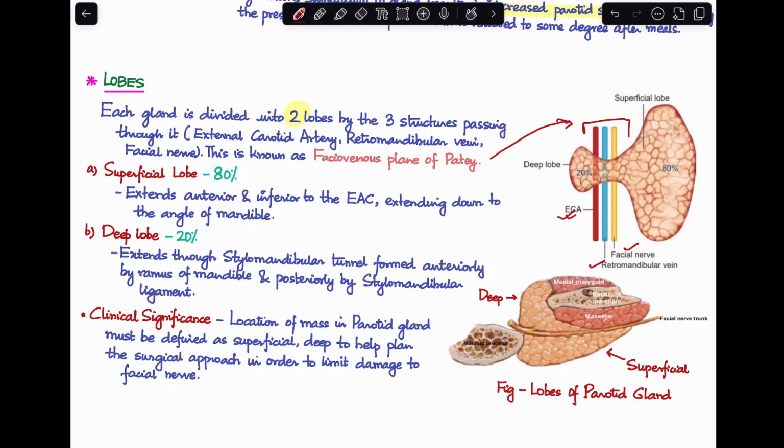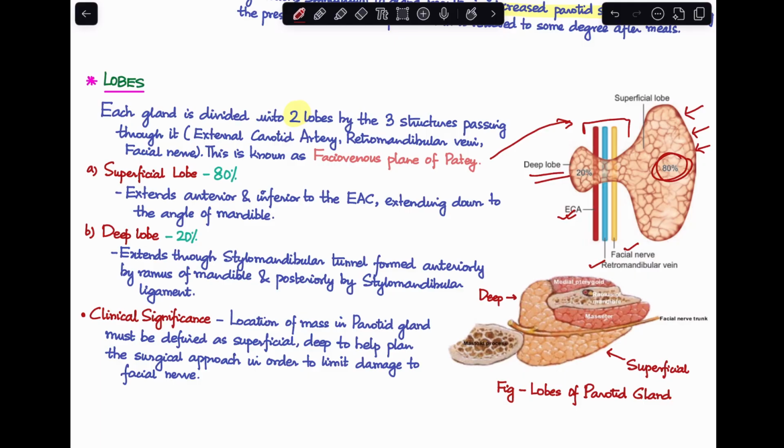Now, the importance of this is that as they pass through the parotid gland, they end up dividing the gland into a superficial lobe and a deep lobe. You can see in the image that the superficial lobe is the majority of the gland, about 80% of the gland, and the deep lobe is about 20% of the gland.